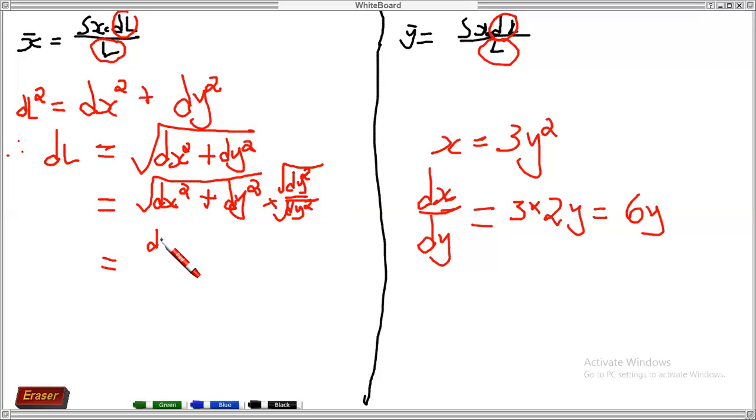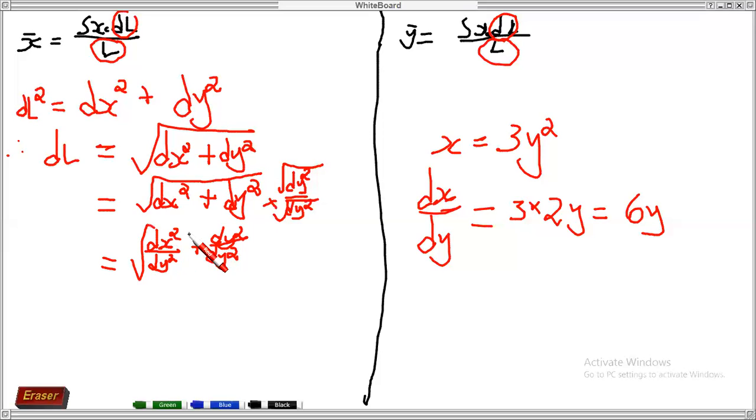You're going to end up with dx squared. And because the denominator is having a square root already, it will also go inside and divide here, dy squared, plus this can also be divided by dy squared over dy squared again here.